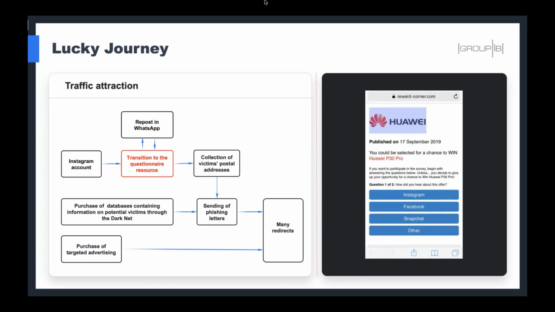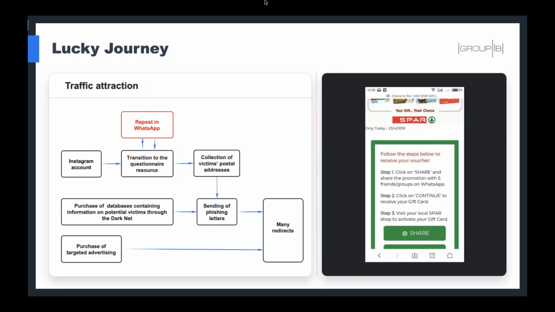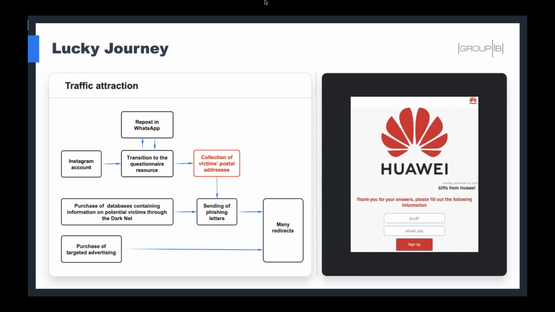Sometimes these guys use traffic attraction via messengers, asking you to make a mailing through WhatsApp or Telegram or Viber. Of course they're trying to make you a chain, a person who attracts traffic for them. At the very end of this survey, as soon as you answer all the questions, they won't ask you for personal data.